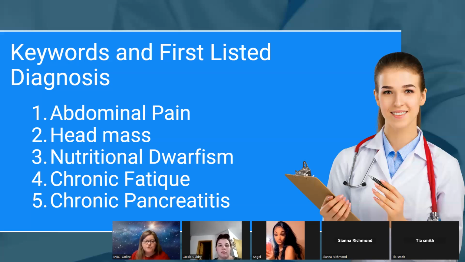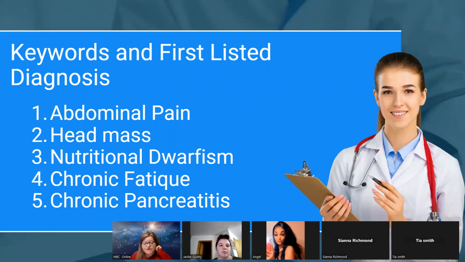Okay. Nutritional dwarfism. Dwarfism. That is correct. And I'm guessing because this says nutritional dwarfism that there are several different types, maybe. So that would probably indent down some after dwarfism. All right. So chronic fatigue. Fatigue. That is correct.